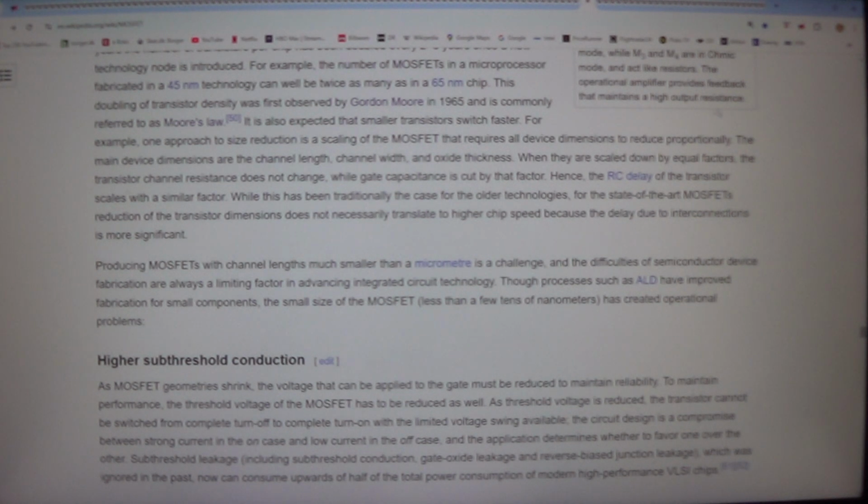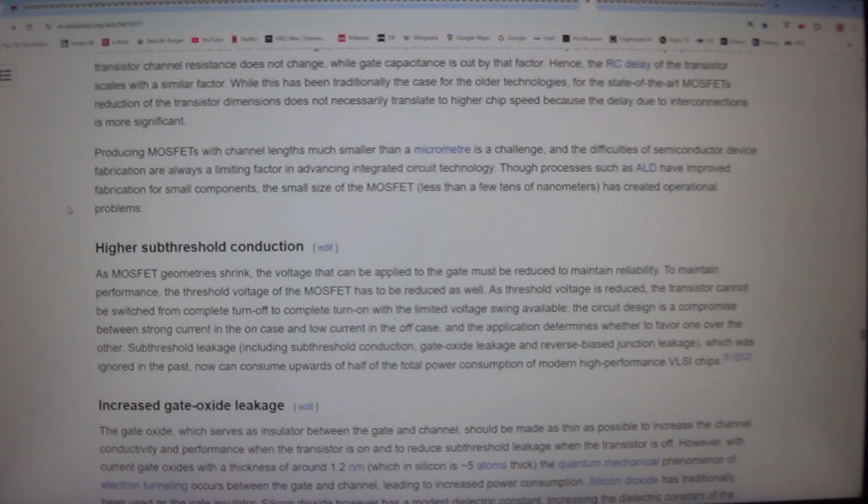Hence, the RC delay of the transistor scales with a similar factor. While this has been traditionally the case for the older technologies, for state-of-the-art MOSFETs the reduction of the transistor dimensions does not necessarily translate to higher chip speed because the delay due to interconnections is more significant.